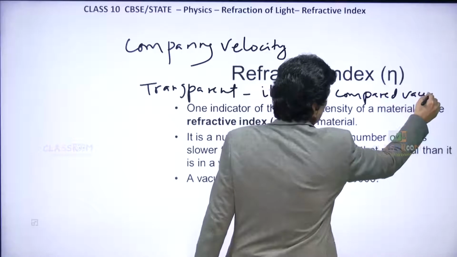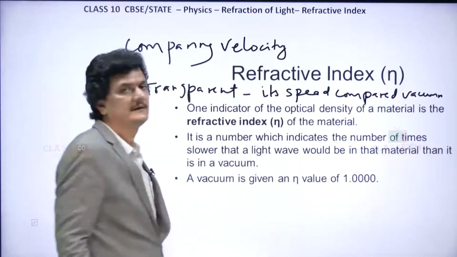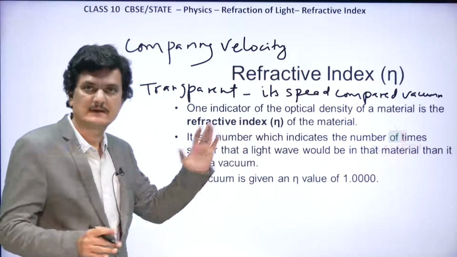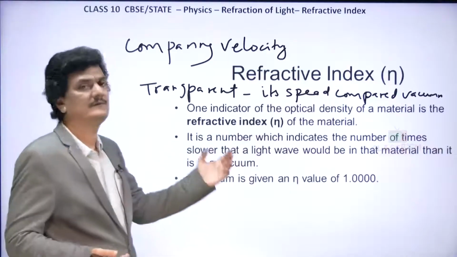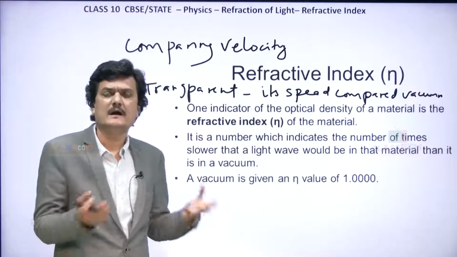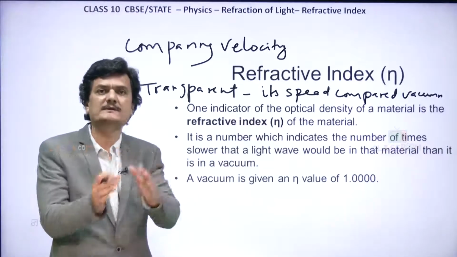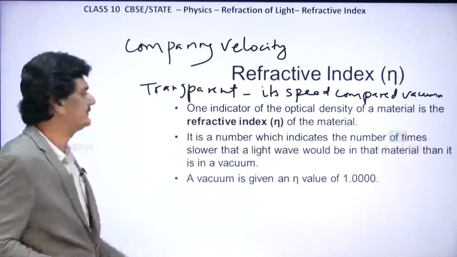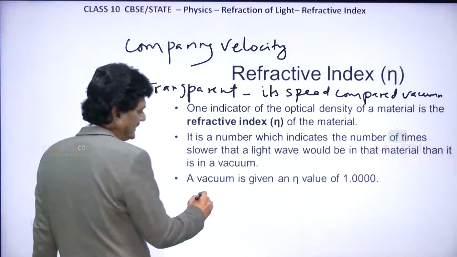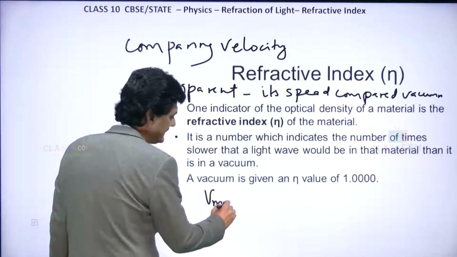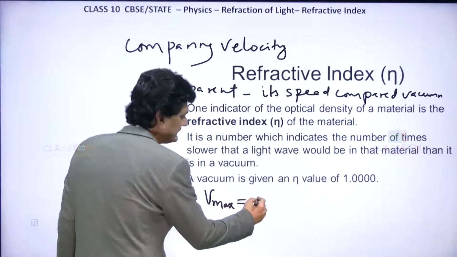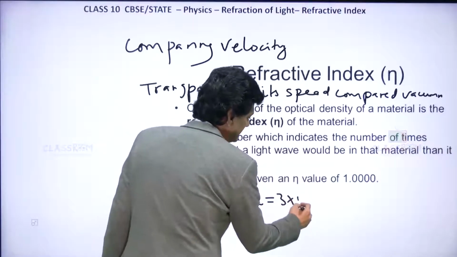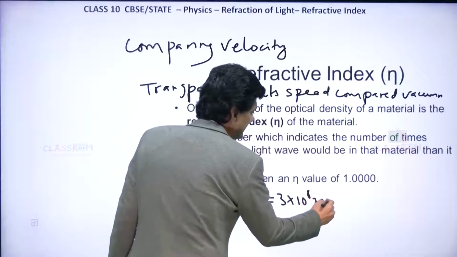Now, we know that the speed of light is maximum in vacuum and it is less in all other mediums. So the comparison will be a simple comparison of by how much the velocity is less. The maximum velocity of light possible is the velocity of light in vacuum, denoted by c, and it is 3 into 10 to the power 8 meter per second, which we know already.